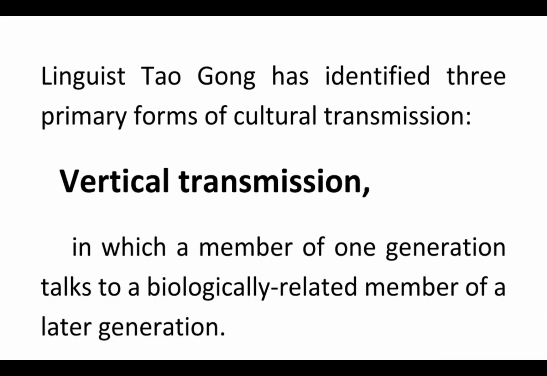Let's move on to the second one, vertical transmission, in which a member of one generation talks to a biologically related member of a later generation. An example of vertical transmission is from parents to offspring.